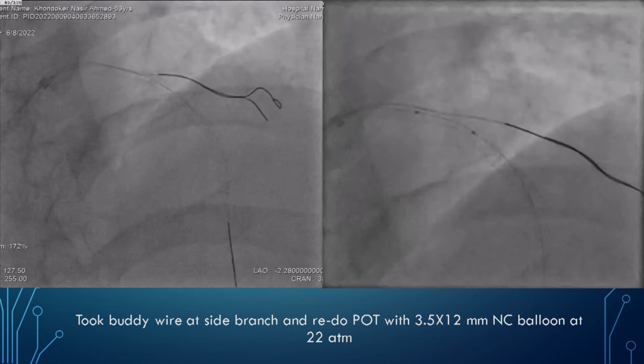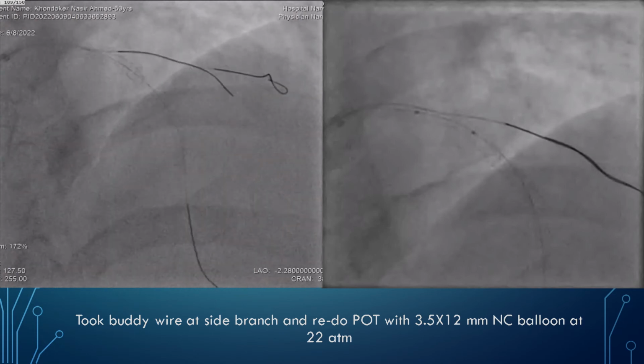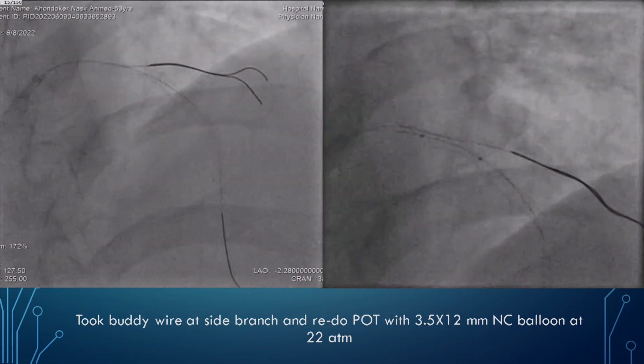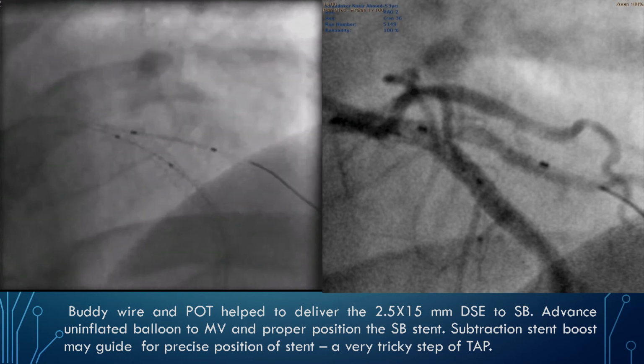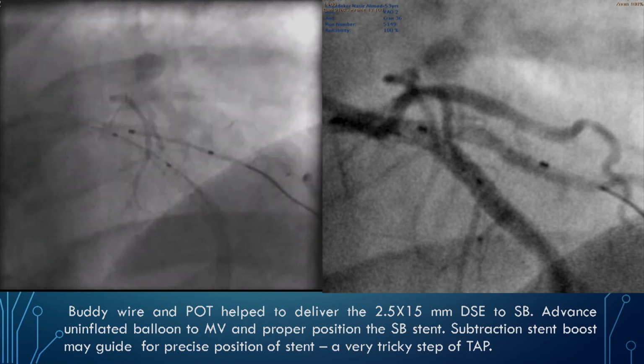Then I took a buddy wire in the side branch and redid POT with high pressure with a 3.5 by 12 NC balloon. And the buddy wire and POT helped me to deliver the stent to the side branch.